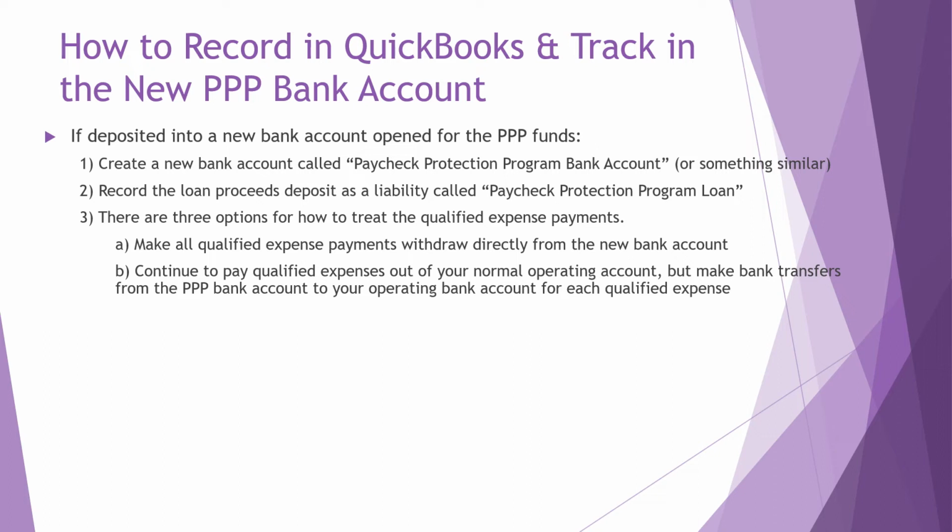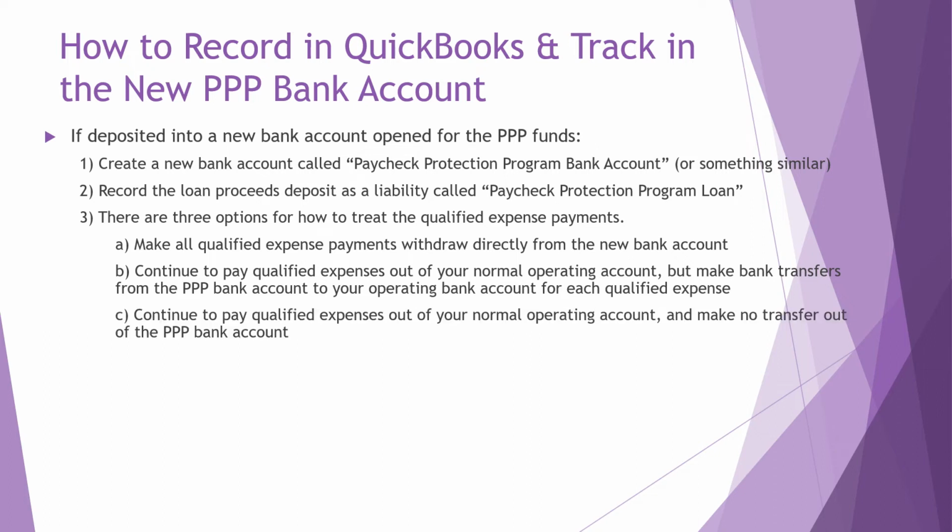So say your payroll runs and you know that the amount is $10,000 that would be qualified. You could have your PPP bank account transfer $10,000 into your operating bank account. That would create a nice trail of each qualified expense, and it would also have those funds essentially be coming out of the PPP bank account, though not directly.